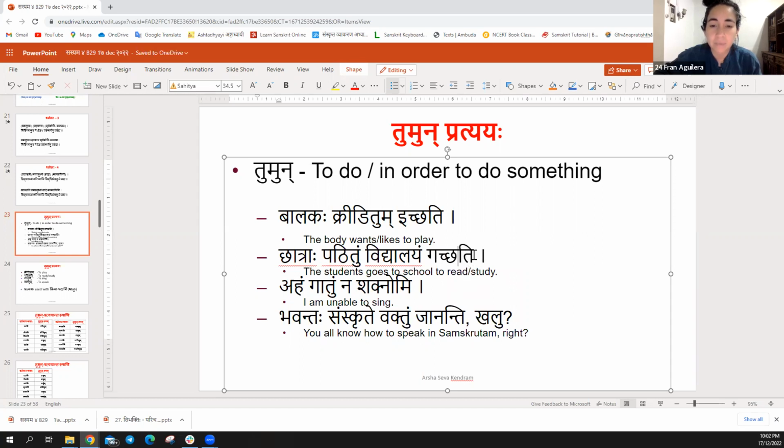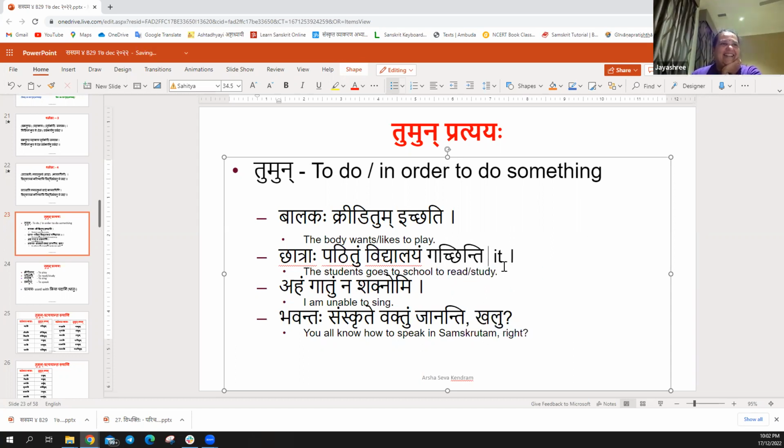It should be, wait, I'll put it here. Gachanti. Okay. Good pickup. Right. Chhatraah patitum vidyalayam gachanti.